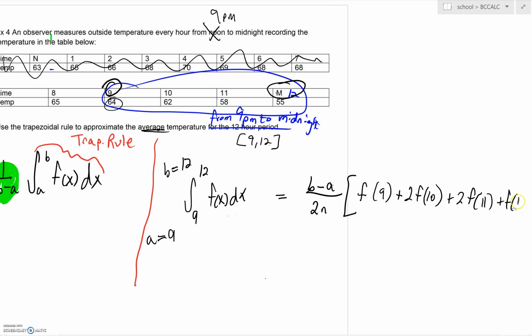Now, of course, if we were working this out, if we were going from 9 to 10 to 11 to 12, I think you could see how many trapezoids we'd have. Here's the first height. Here's a second height.